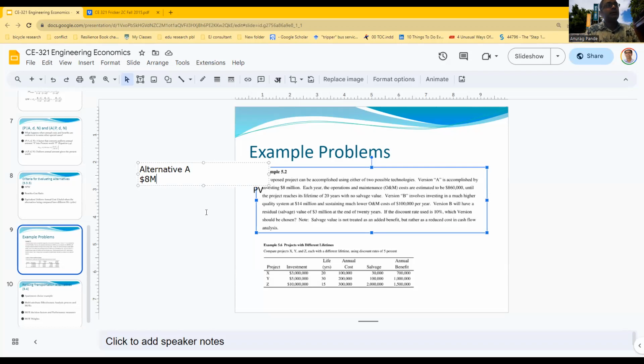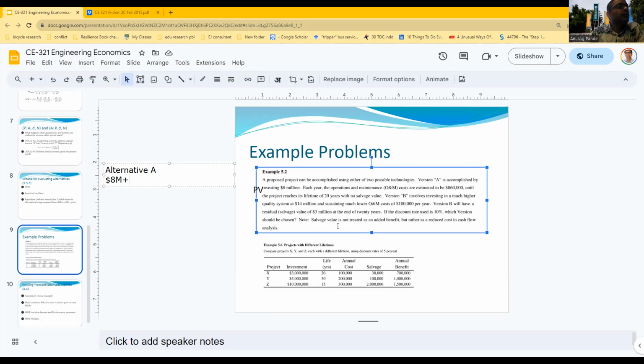I'm not going to apply any adjustment to it because this is already present value, already in today's dollars. And my cost of operation and maintenance is $860,000. So I'm coming up with the present value of costs, and there are no benefits associated with that, so I just have to decide which alternative costs less.